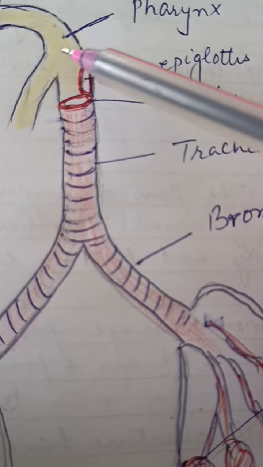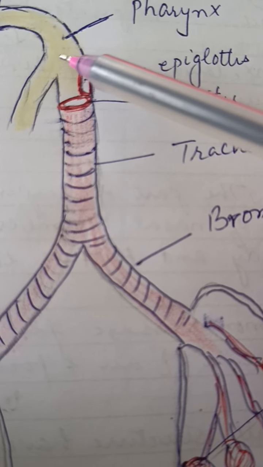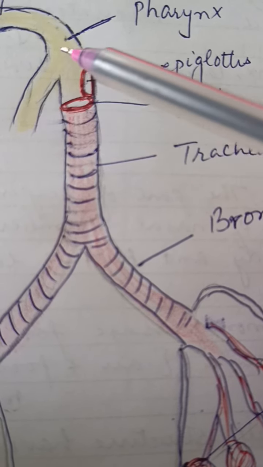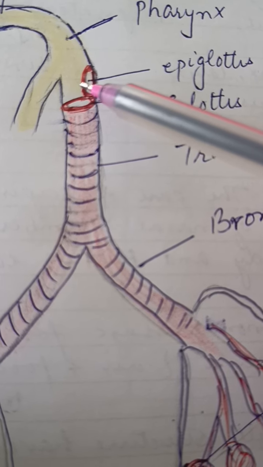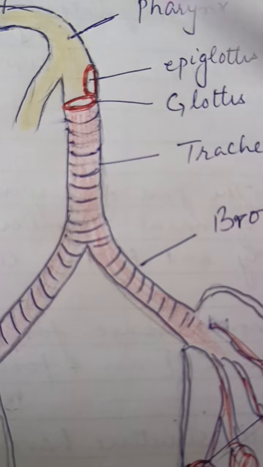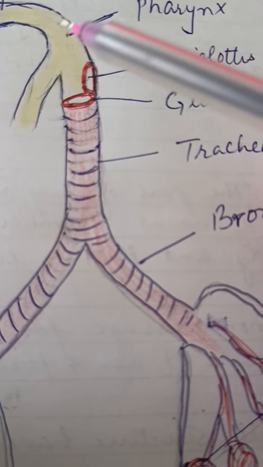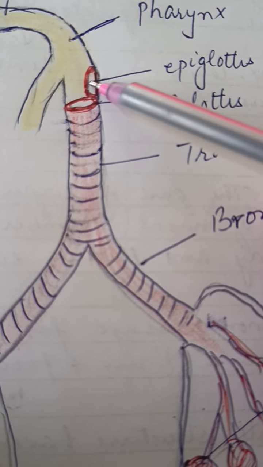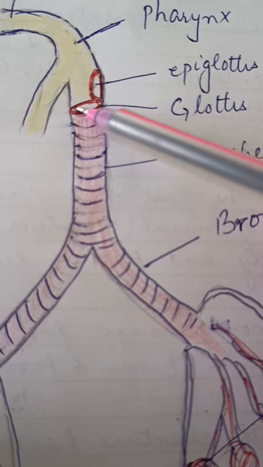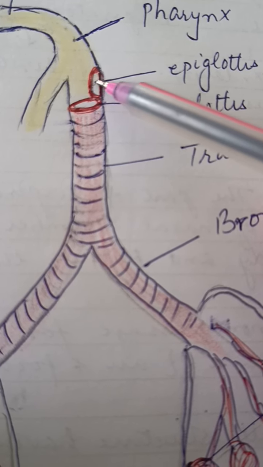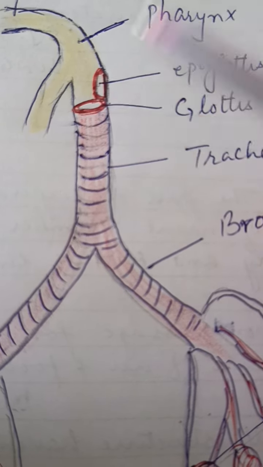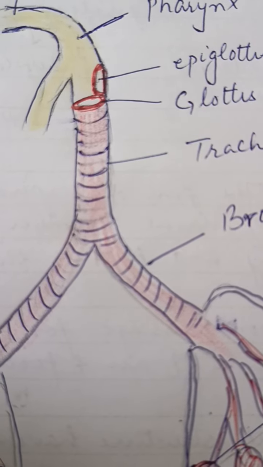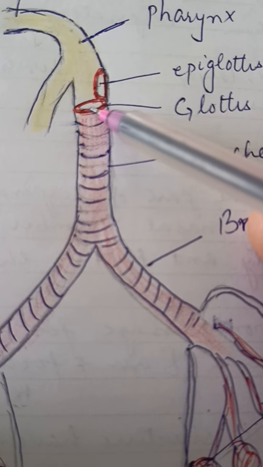Then after that when food enters the digestive system and air enters the respiratory system, तो at that time for a very short period of time, थोड़ी देर के लिए, for a few seconds, this epiglottis covers the glottis. मतलब कि ये जो epiglottis है, इस glottis के ऊपर इस तरीके से आ जाता है, उसको ढक्कन की तरह काम करता है, उसको बंद कर देता है glottis को.